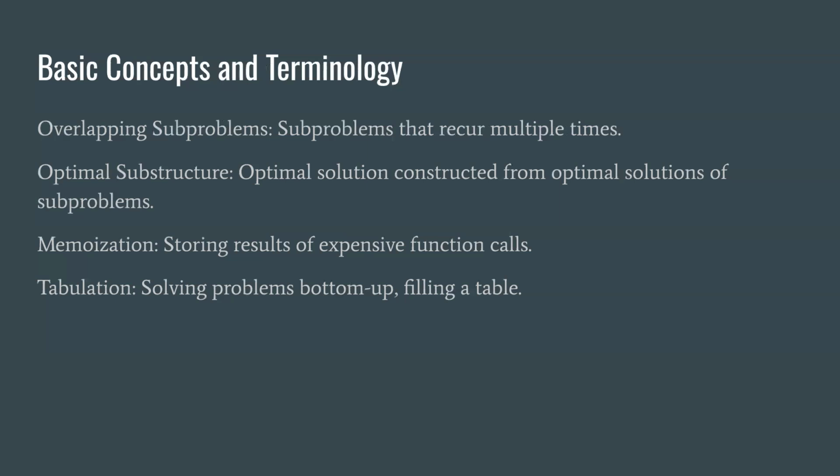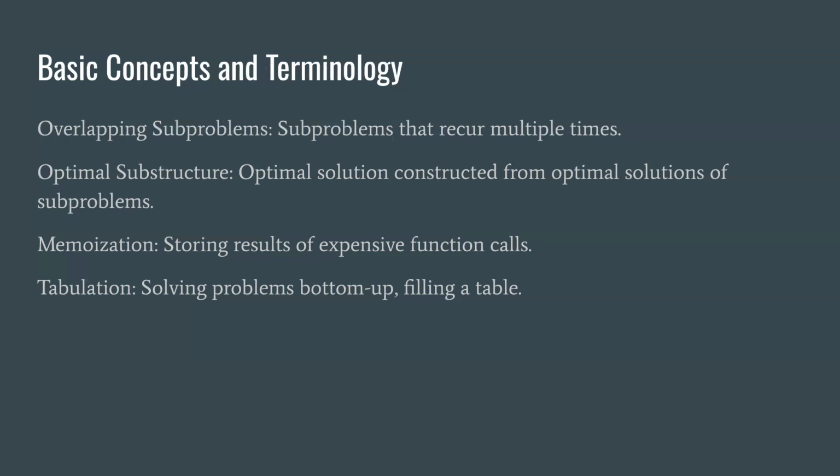When we are talking about overlapping subproblems, we are referring to subproblems that recur multiple times in the problem-solving process. An optimal substructure means that the optimal solution of a problem can be constructed from the optimal solutions of its subproblems.